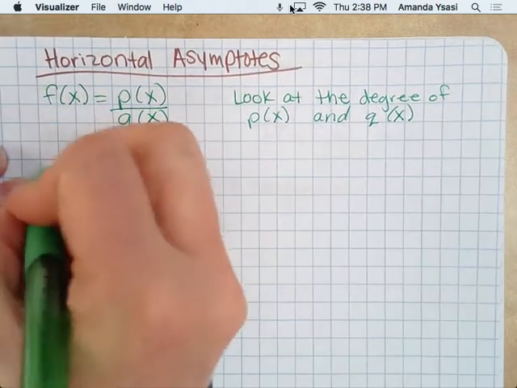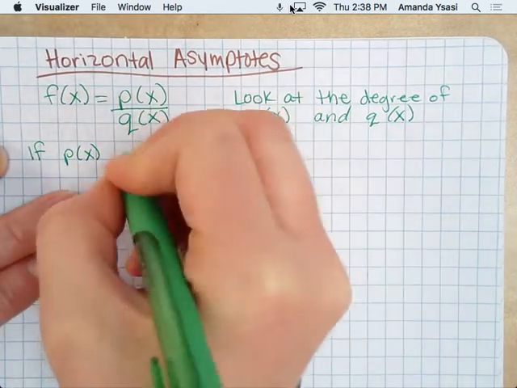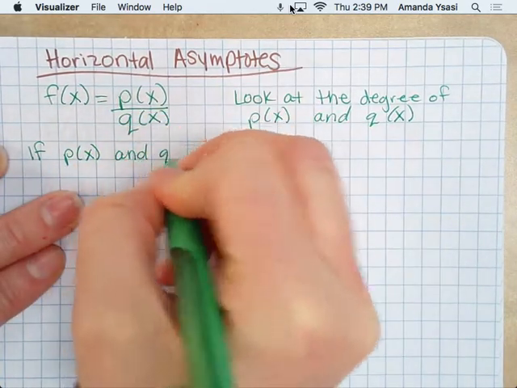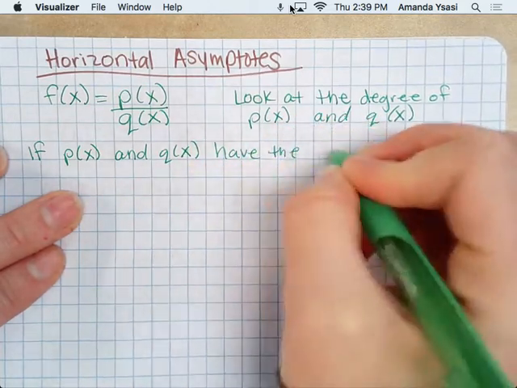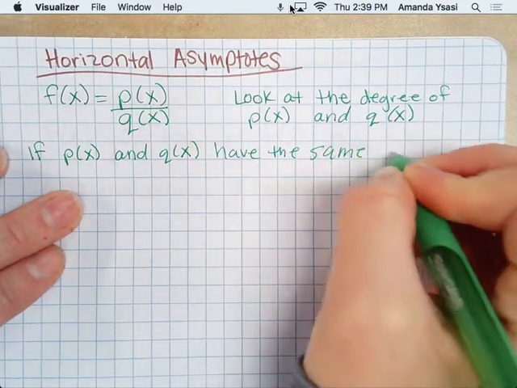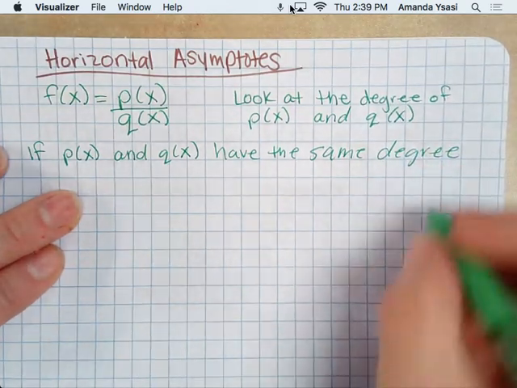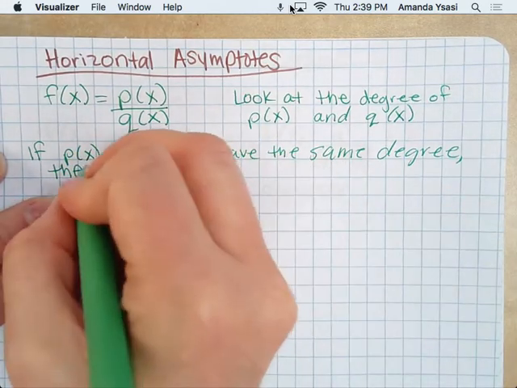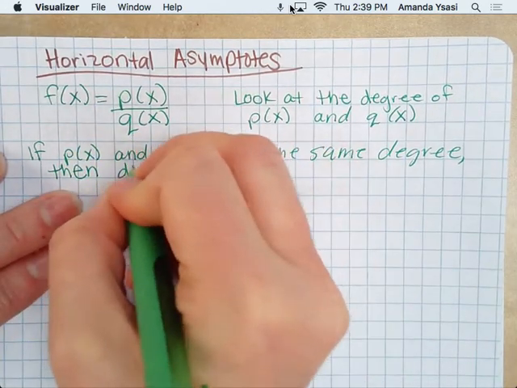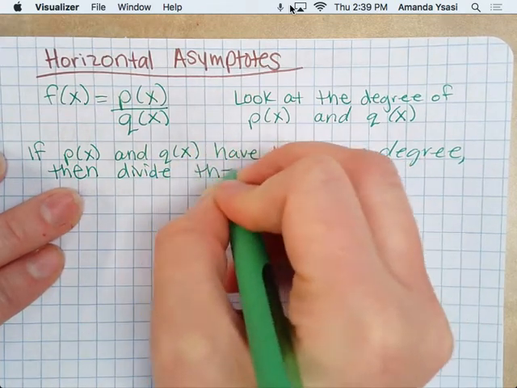If P of x and Q of x have the same degree, then divide the leading coefficients.